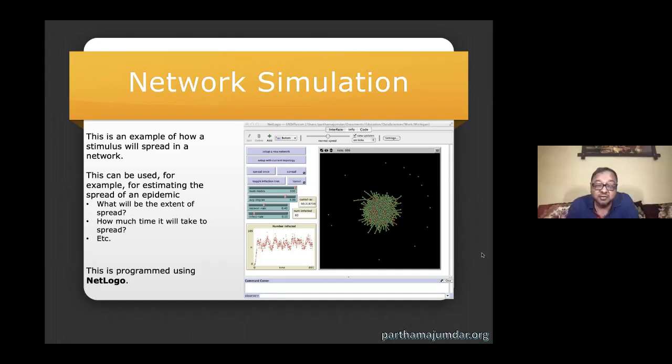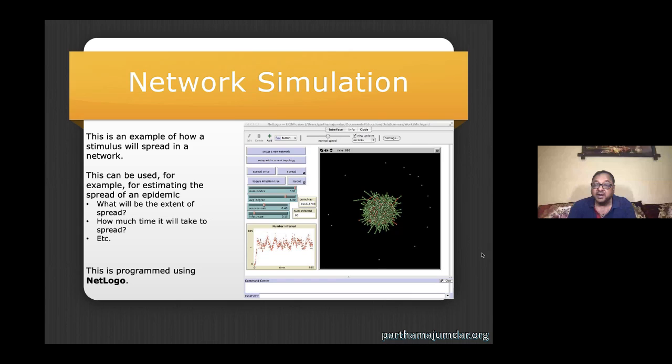Another area of data analysis is network simulation. This is a software which I'm showing you, which I created using a tool called NetLogo. Take, for example, a practical example of applying network simulation in this COVID era. We know that one of the ways to control coronavirus is to do social contact tracing.